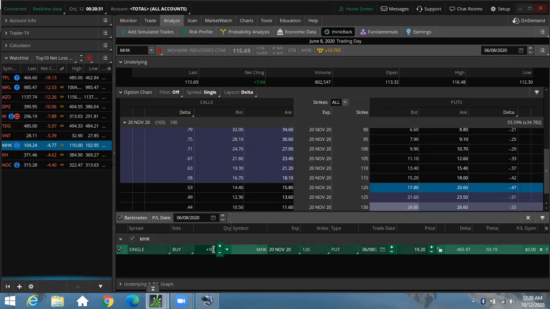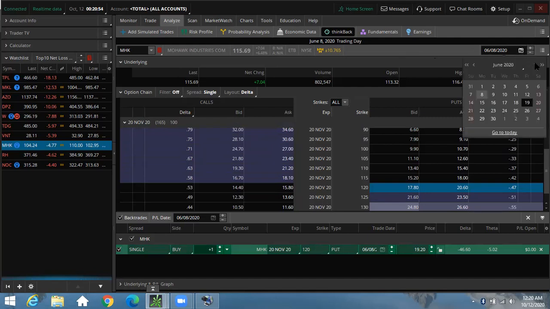So we'll change this to one contract. And then we're going to look at what the price of the stock would be a little less than a month later from this date, June the 8th. We're going to go to July the 10th.